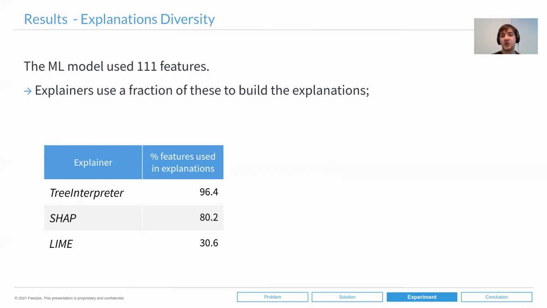It used 96% of all of the features on the data set to create the explanations for the 300 transactions that it explained. And LIME was the one that created the least variable explanations, using only 30% of the features on the data set.